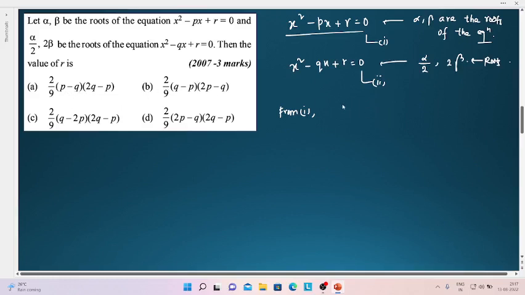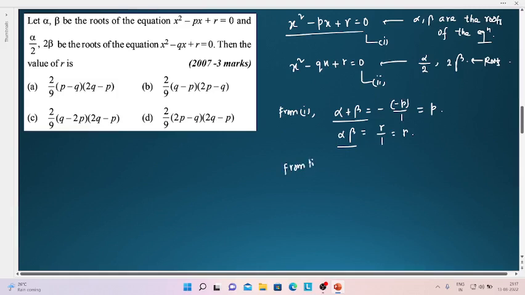So alpha plus beta equals minus of minus p upon 1, which is p, and the product of the roots is r upon 1, which is r. So alpha plus beta is p and alpha times beta is r.